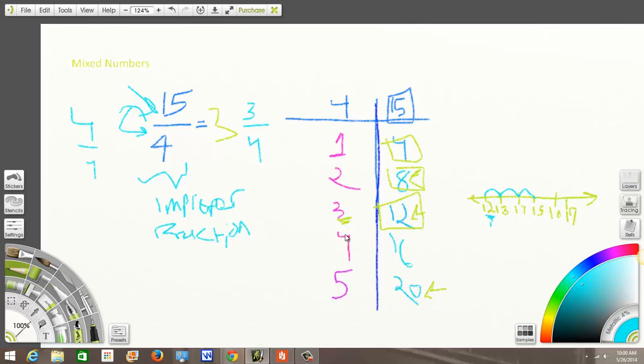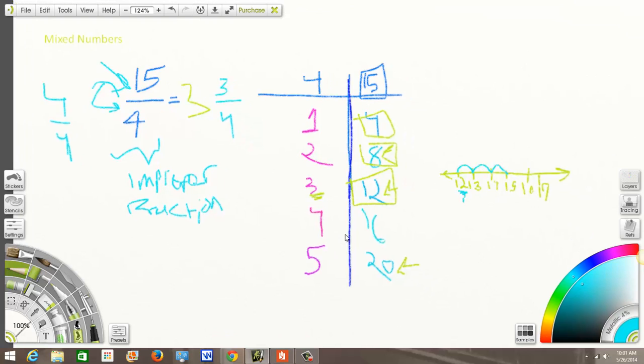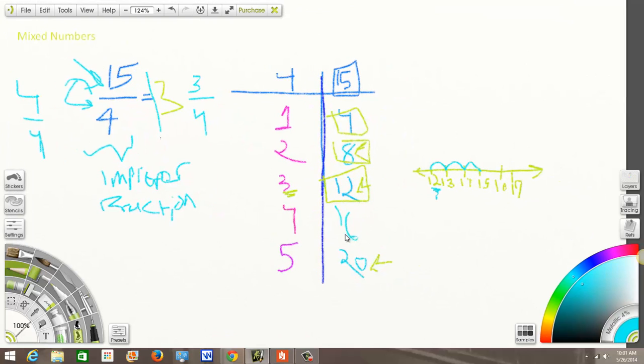But here the numerator is bigger than the denominator, so it's larger than 1. So mixed numbers are usually larger than 1. They don't have to be, but they usually are. So the answer to 15 divided by 4 equals 3 and 3 over 4.